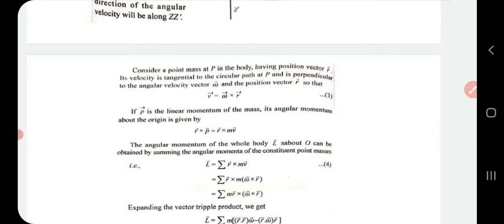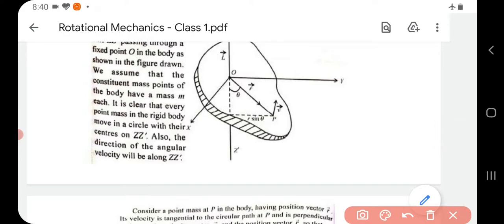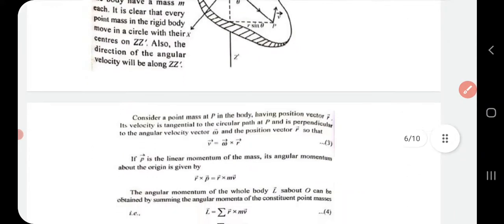Now you just consider a point mass located at the point P. Let its position vector be vector R. Then let the angular velocity be omega.